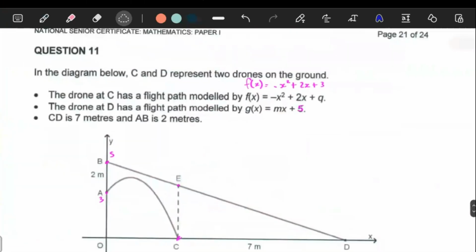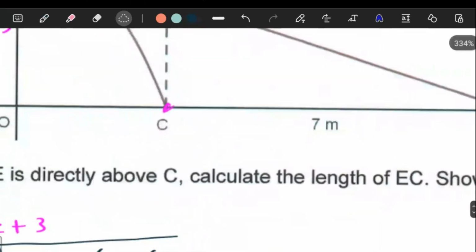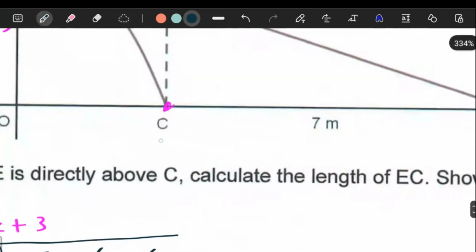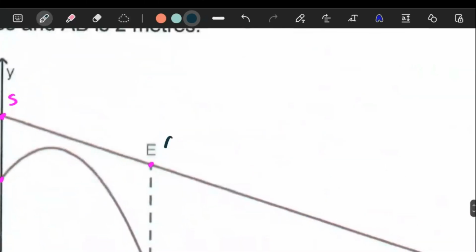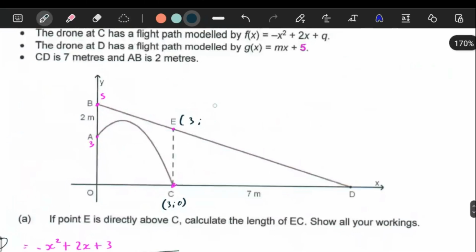This being done, now we have the x value here, which is a 3. So having gotten this x value of 3, we know the x value up here is also a 3, which is okay, but we need to get its y value. Before we can get its y value, we need to get the gradient of the straight line. So let's see.